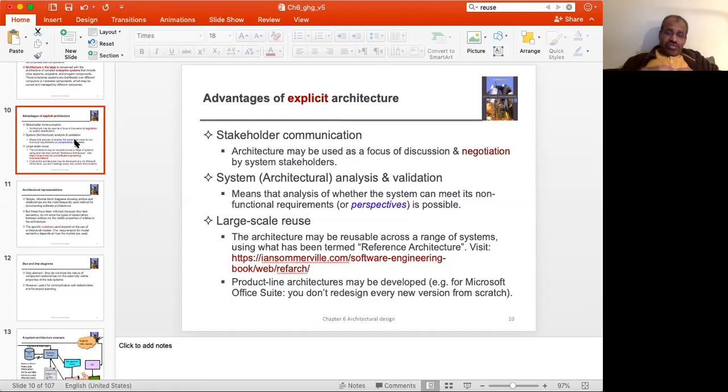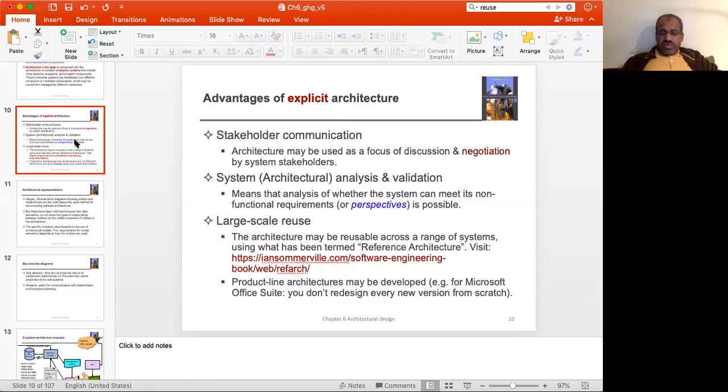So instead of reinventing the wheel, we can start from some architecture that has already been used and proven valid and useful and what have you. Therefore, we can start from there instead of having to carve a new architecture afresh.